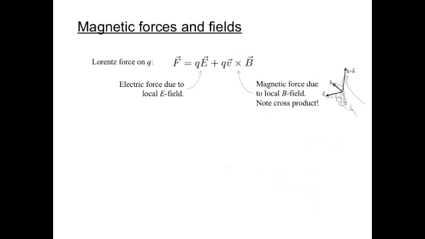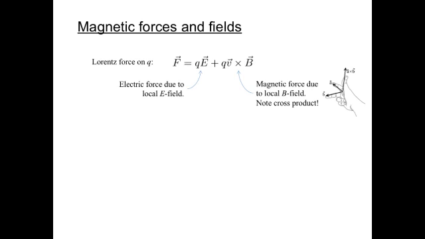So let's review what we know about magnetic forces and fields. We know that a charge moving through electric and magnetic fields experiences a force, the Lorentz force on the charge Q, and that force is Q times the local electric field plus Q times the velocity of the charge cross the magnetic field.